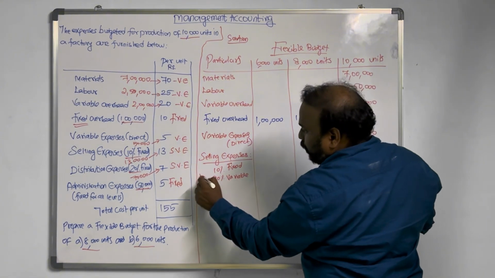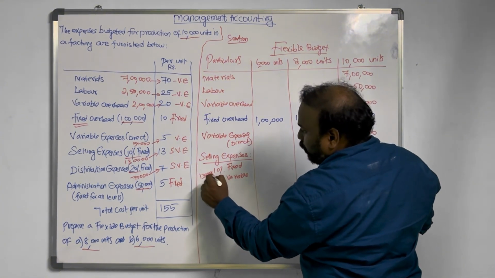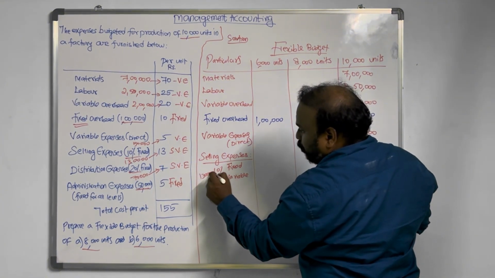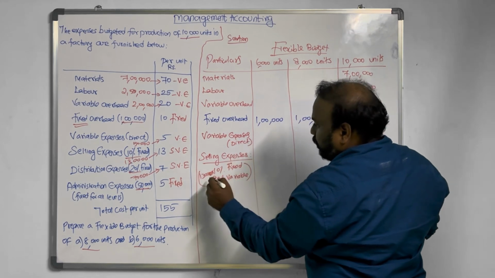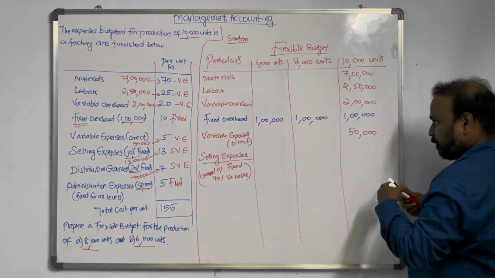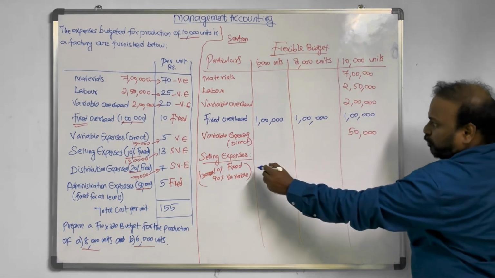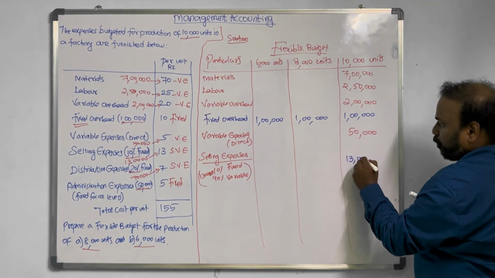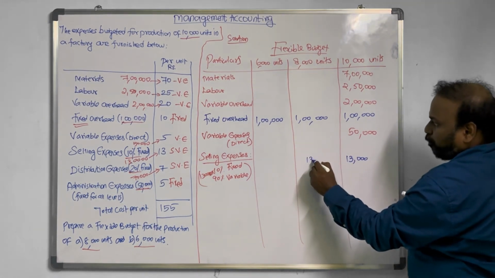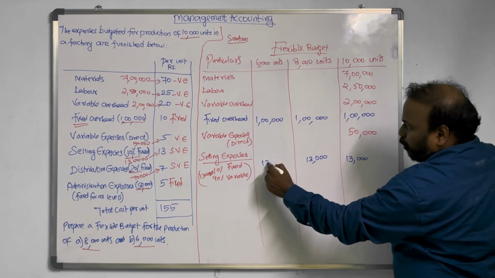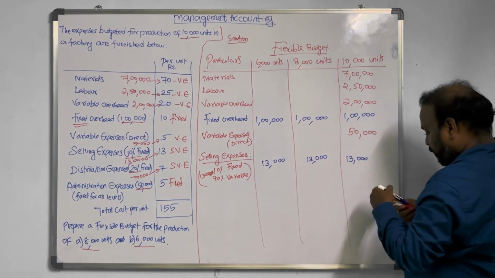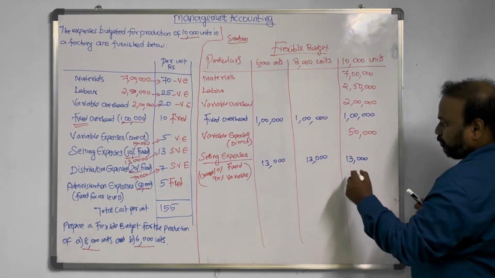So 1,30,000 into 10% and 90%, it comes as 13,000 for fixed, 1,17,000 for variable.